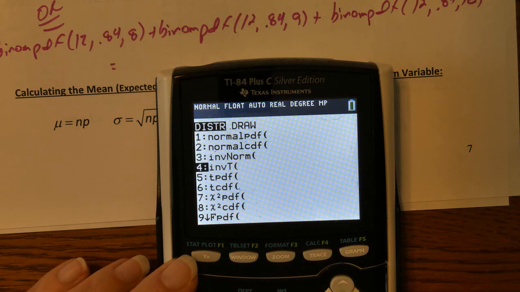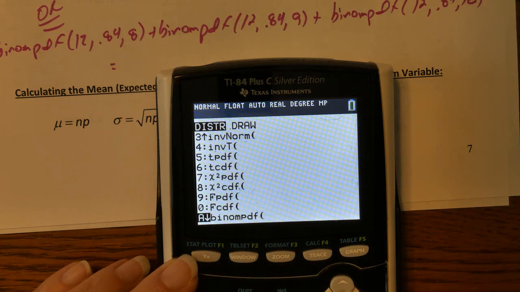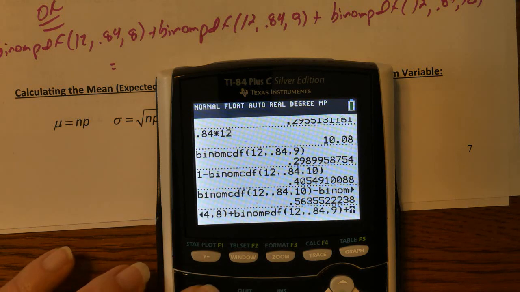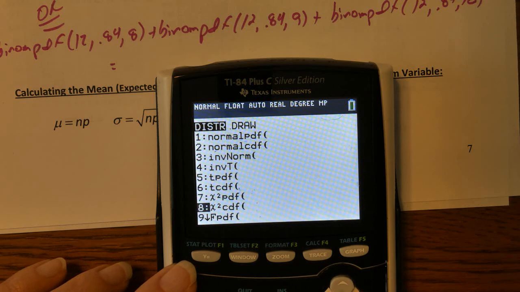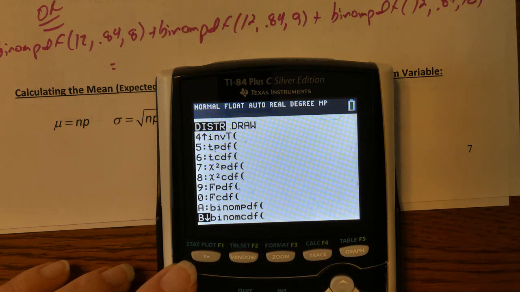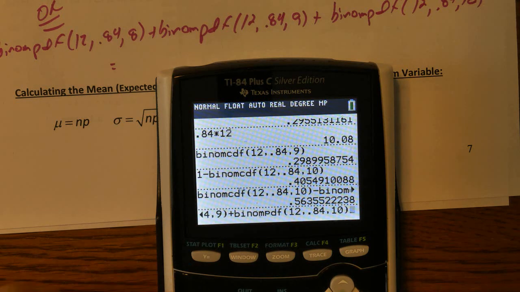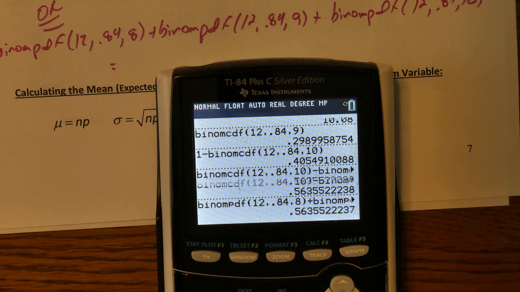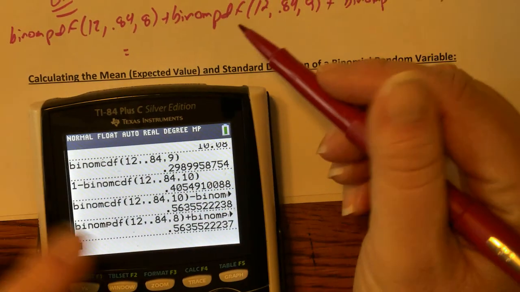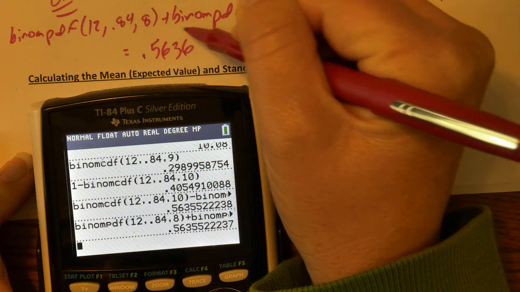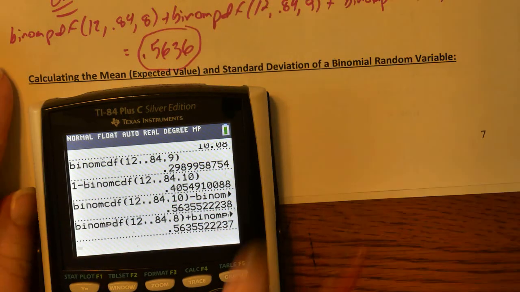Plus second vars PDF of 9 plus second vars PDF of 10. So it's adding all 3 of them up, and notice what we get. We get the exact same 0.5636. So we get the same answer either way.